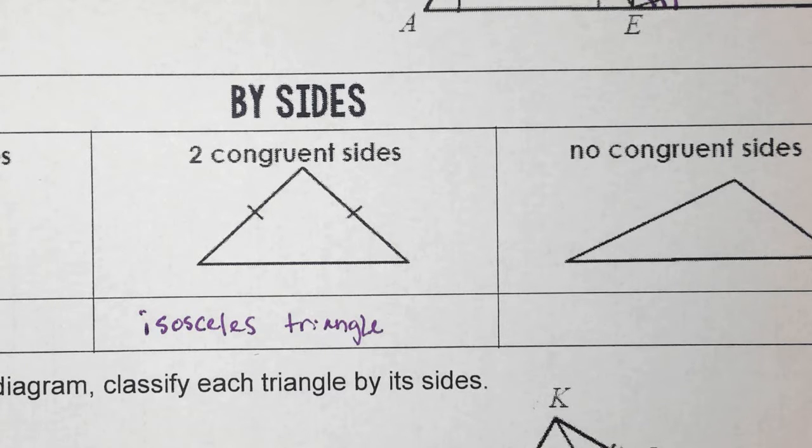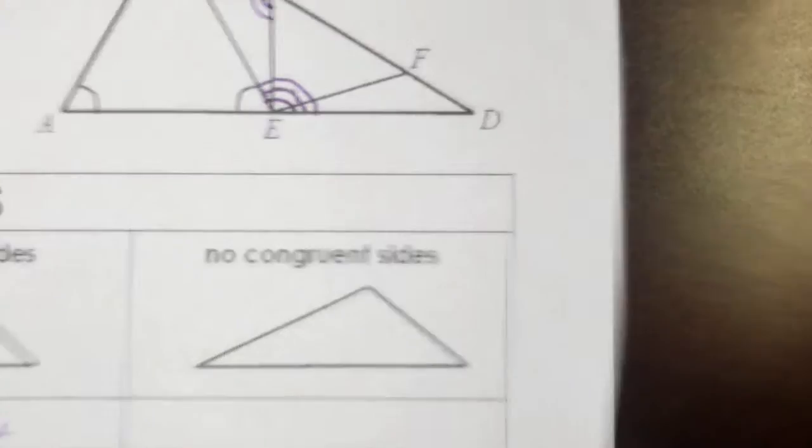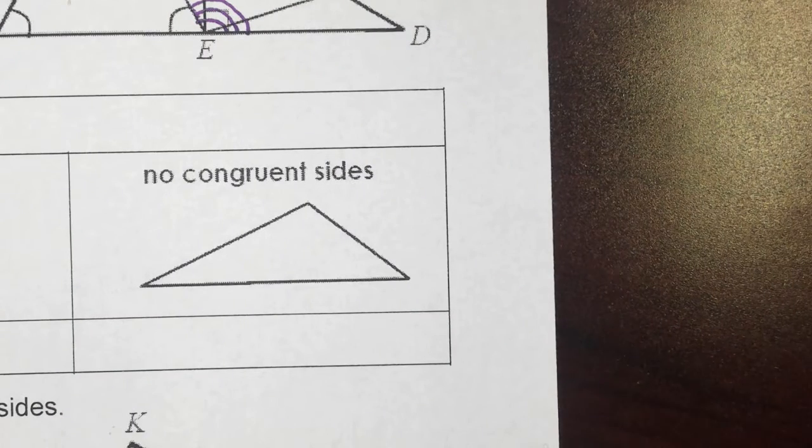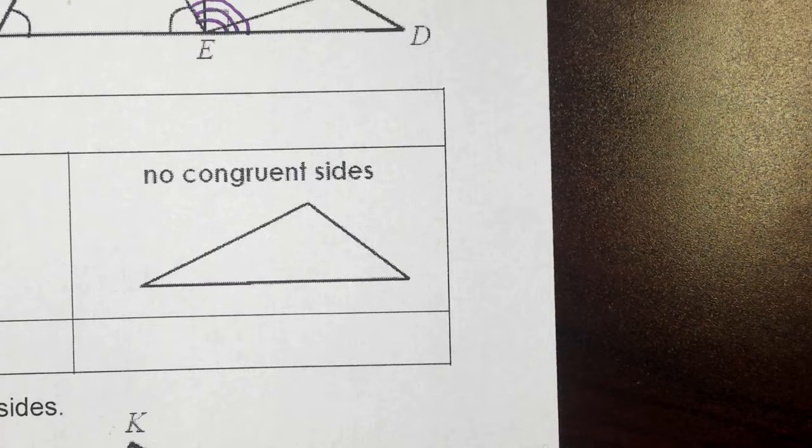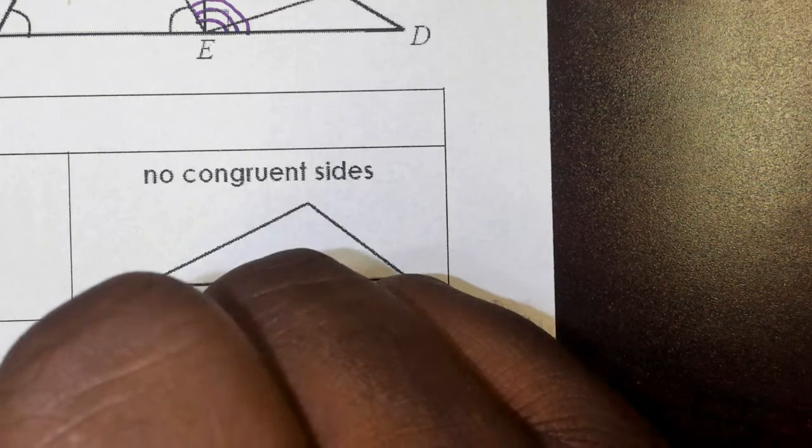Okay. Hold on. So, just talking about this isosceles triangle. Got 2 congruent sides. Alright? 2 sides are congruent, isosceles. I want to remind you. So, when none of your sides are congruent, go ahead. Scalene.